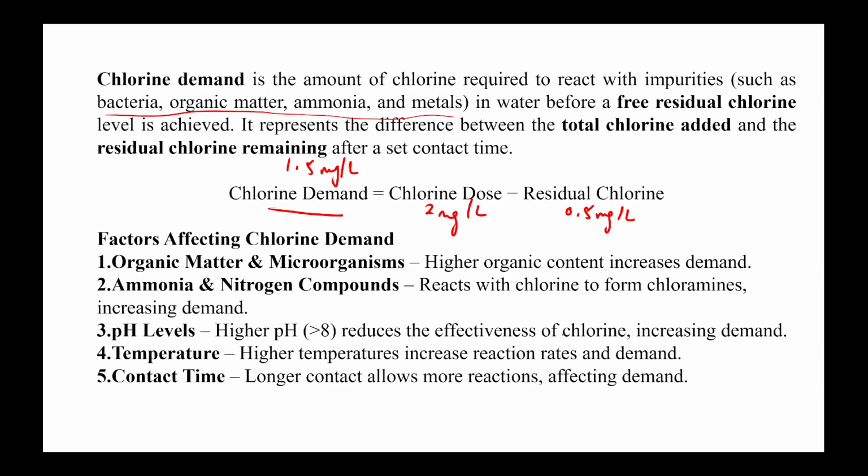If the pH of the sample is high, you will need more chlorine to disinfect or remove the impurities. It is also temperature dependent, and contact time is also a factor that affects chlorine demand, because longer contact allows more reaction.